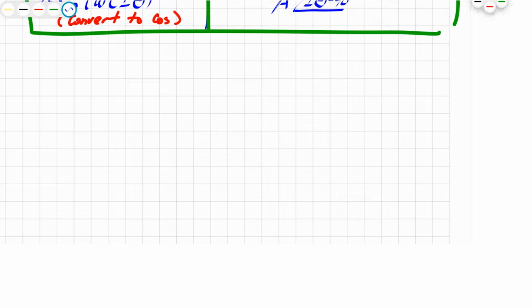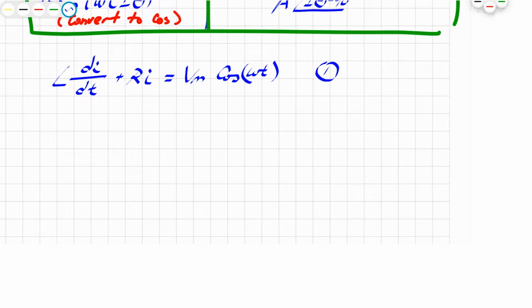That differential equation, if we still remember, is L di/dt plus R times i is equal to Vm cosine omega t. Remember, this is the equation we obtained from the circuit by using KVL.